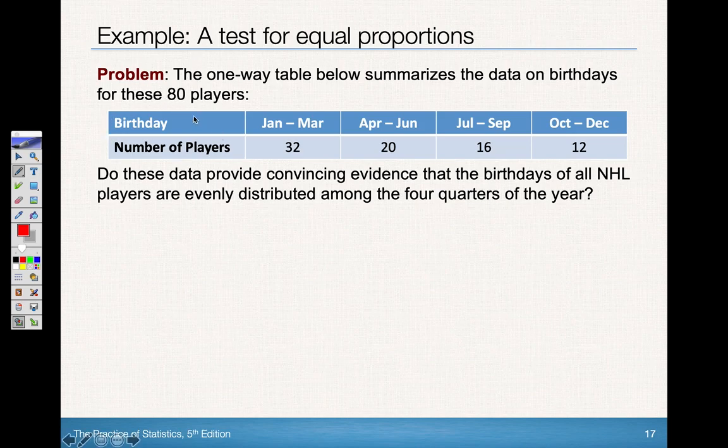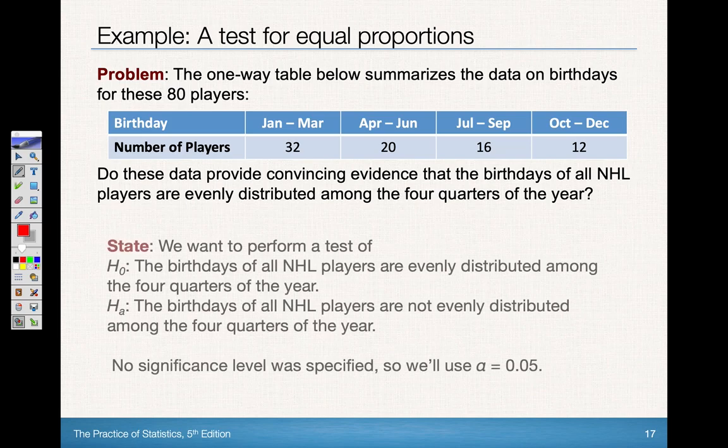This is just one variable, the birthday, and it takes 4 outcomes. So it's not just looking at one proportion, it's looking at 4. We took our 80 players and divided them into their birth months. Do the data provide convincing evidence that birthdays of NHL players are evenly distributed among the 4 quarters of the year? Now, you have to think, sometimes it won't be so easy to decide what your expected count should be.